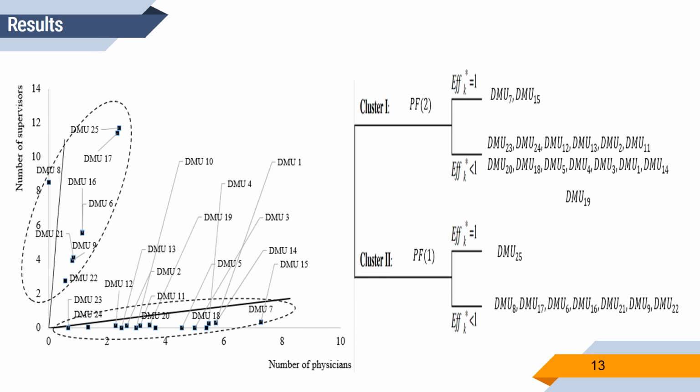For cluster 1, both DMU7 and DMU15 are efficient, and hence the remaining units could follow their patterns to empower their performances. Similarly, DMU25 plays the role of the benchmark unit to be followed for cluster 2.